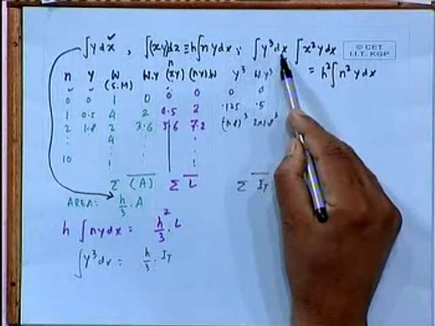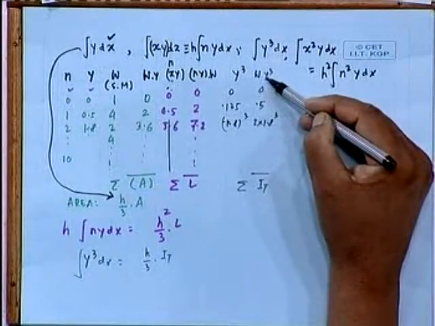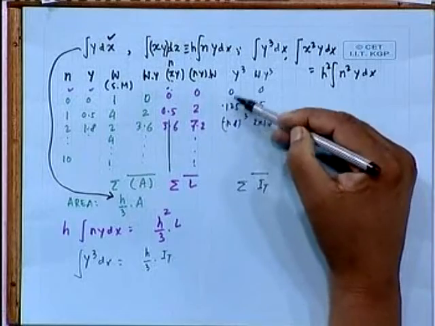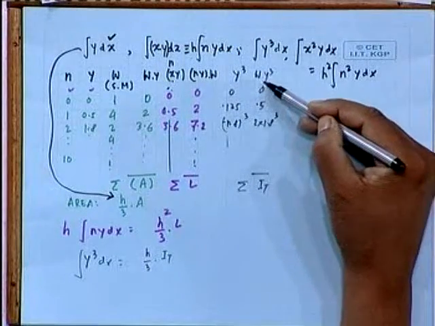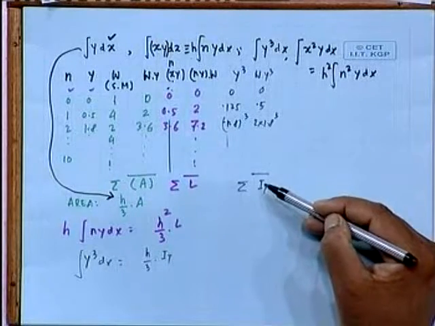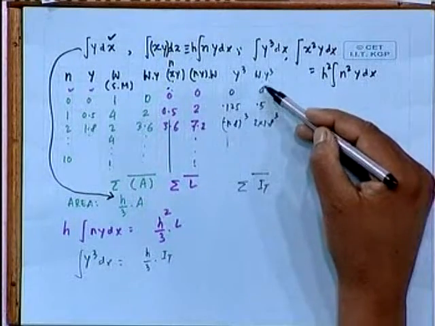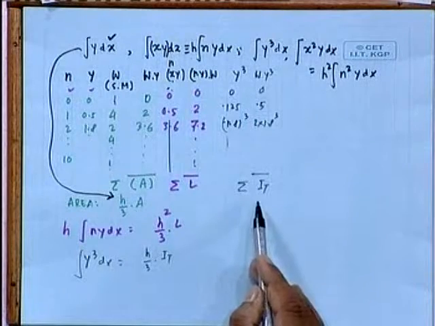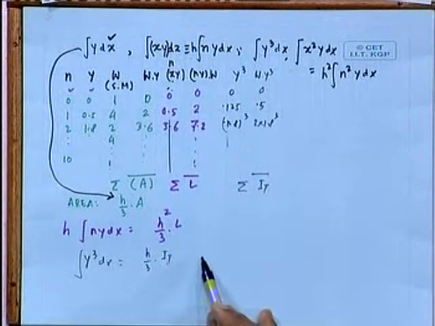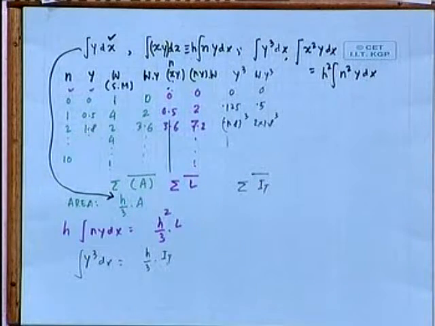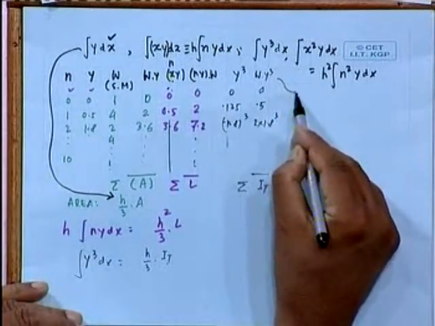Here, y is in meter, so y cube is meter cube. W is no unit. So IT is meter cube. This is meter cube multiplied by meter, which gives you meter power of 4. So it is also correct. In fact, this is a more easier one. Now I'll continue this way.